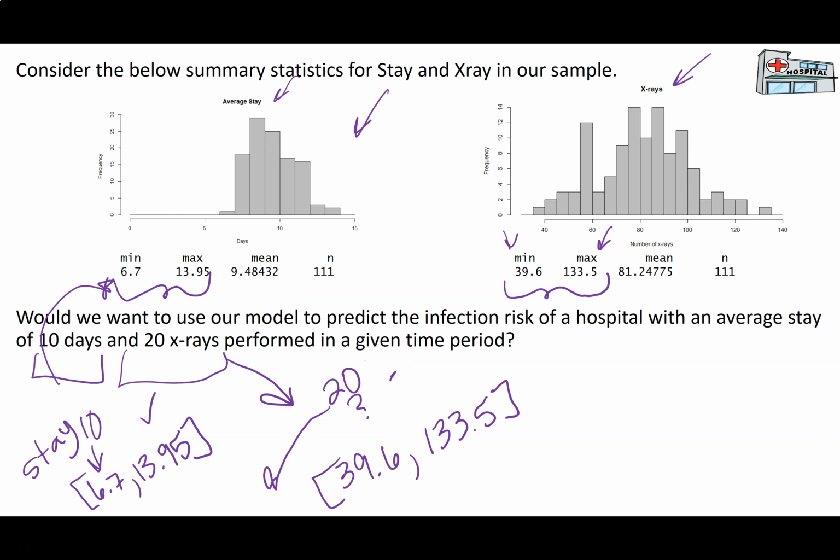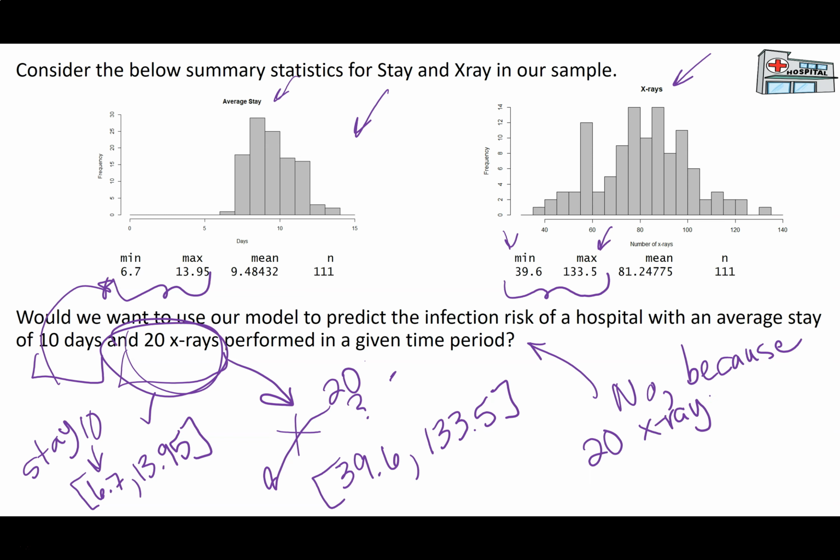No, it's lower. So I do not want to use this model to make a prediction for a hospital that has an average stay of 10 days and 20 x-rays, because I didn't see anything with that few x-rays. It probably would not be wise to try to use my model to estimate something in an area where we just didn't see anything. So no, because 20 x-rays is lower than any of our observations in sample.